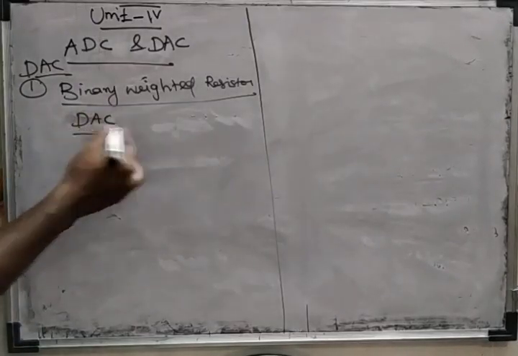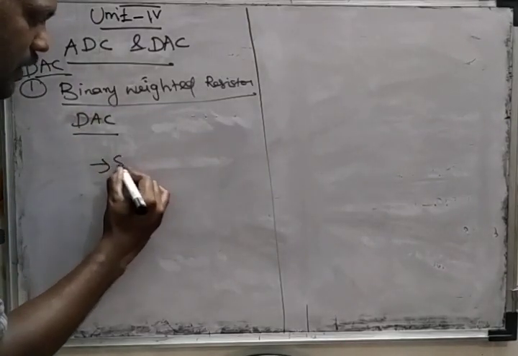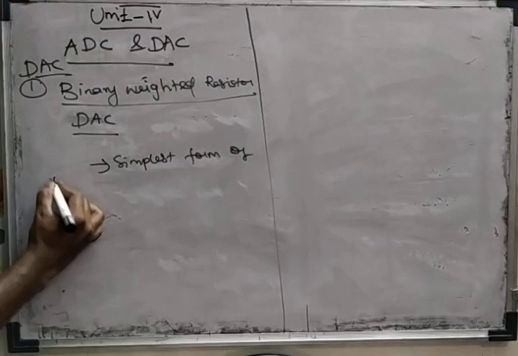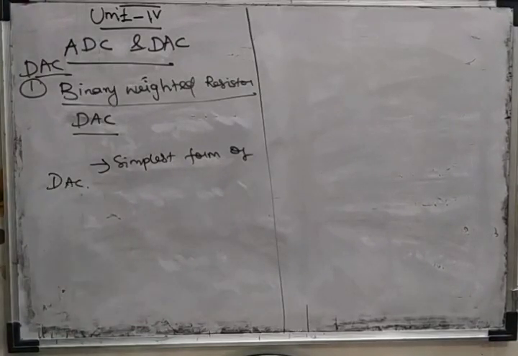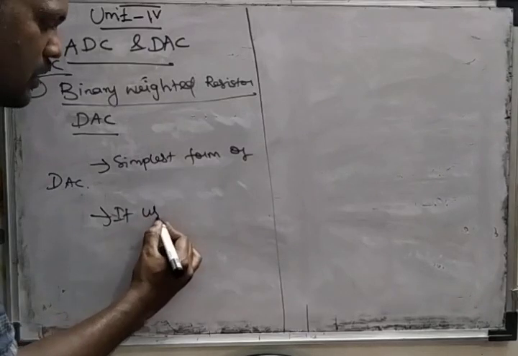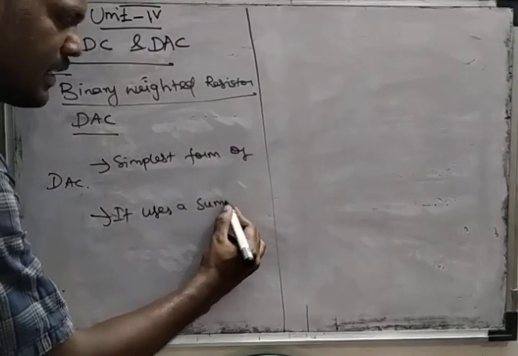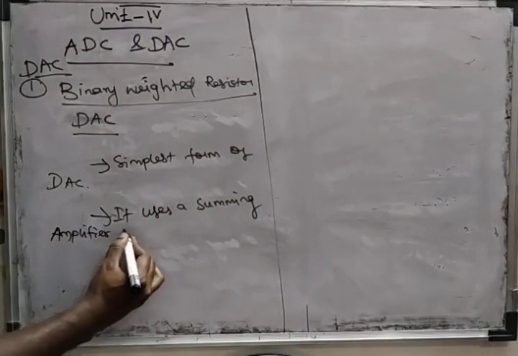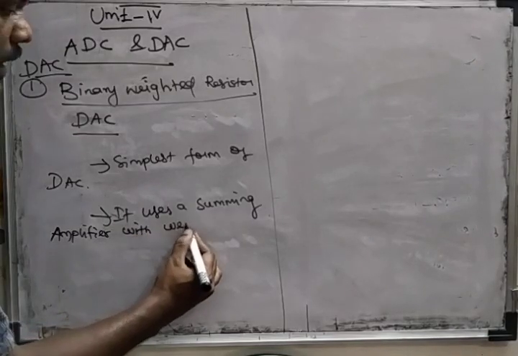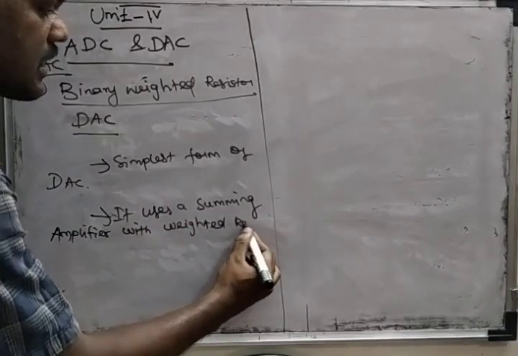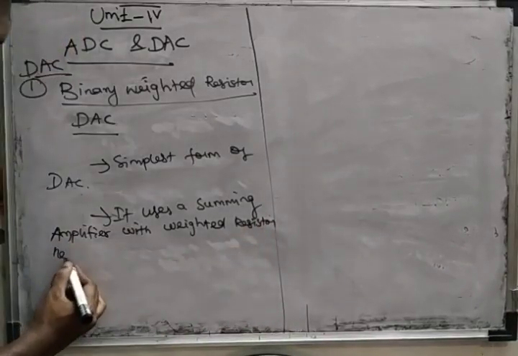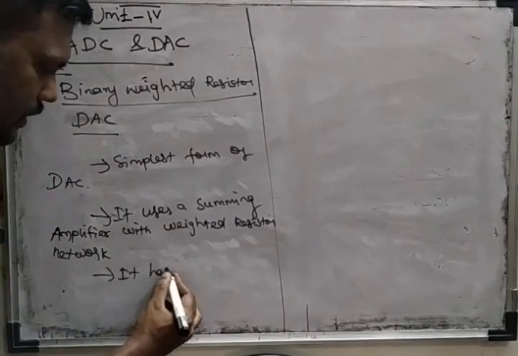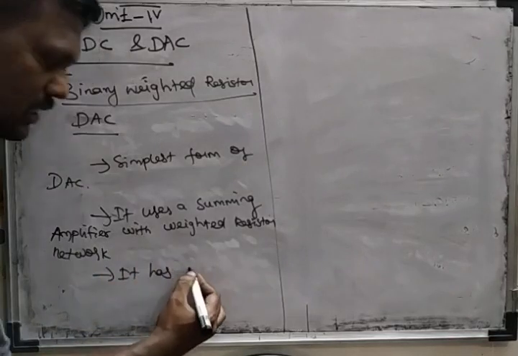Binary weighted resistor DAC is the simplest form of digital to analog converter, and it uses a summing amplifier with a weighted resistor network, and it has n electronic switches.